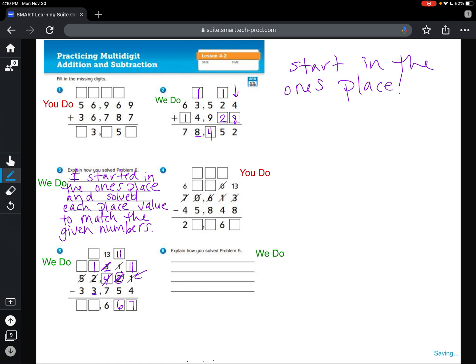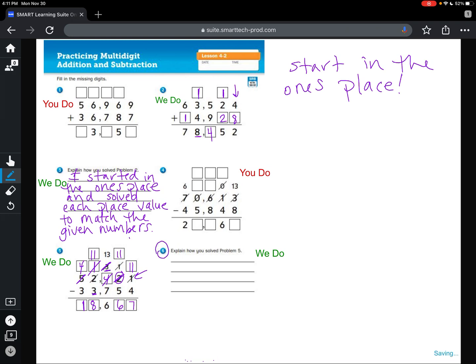No. So I'm going to have to make it an 11, and I'm going to have to change my digit in my 10,000s to a 4. 11 minus 3, back in my thousands place, is 8, and 4 minus 3 is 1. So my answer is 18,667.